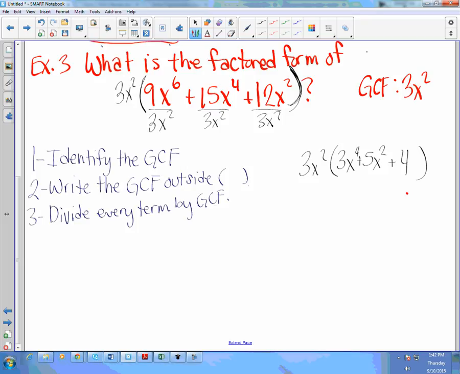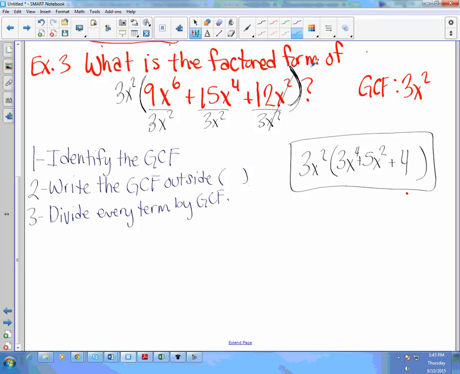How many x's will remain? x squared divided by x squared. 0, because 2 minus 2 is 0. Anything to the 0 power is 1, and 4 times 1 is just 4, so we don't have to write it. There is our answer in factored form. We pull out the common factor and write what was remaining.